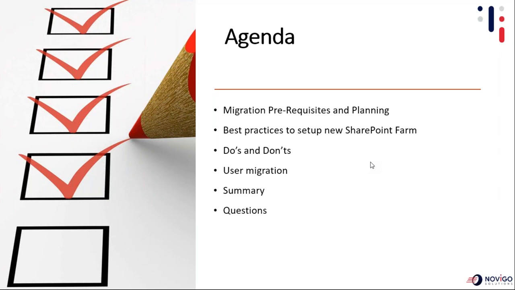This webinar is targeting SharePoint 2016. However, the installation, configuration, and the procedure for SharePoint 2019 is pretty much the same. Do's and don'ts. The user migration, so how you can migrate your users to a different domain. Remember, this needs to be executed after your SharePoint installation is completed and the backups are migrated to servers residing in your new domain. Summary of today's webinar, and we'll have the questions later.